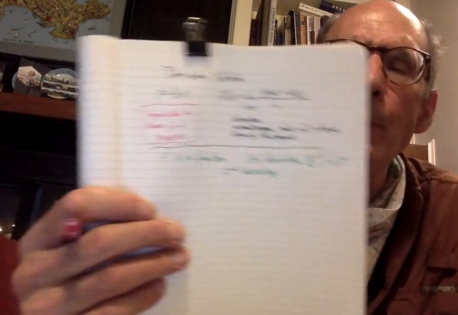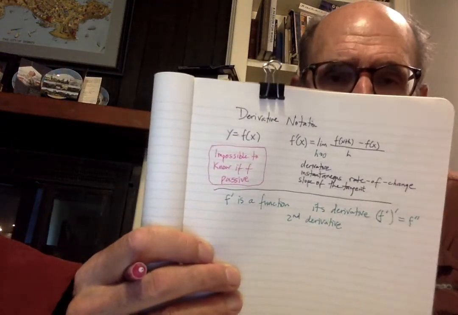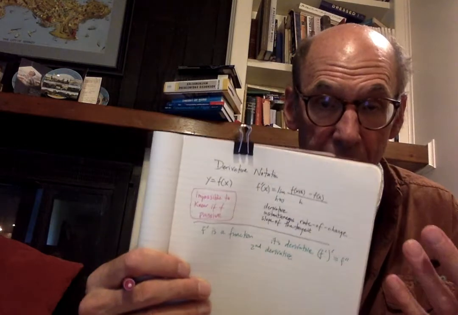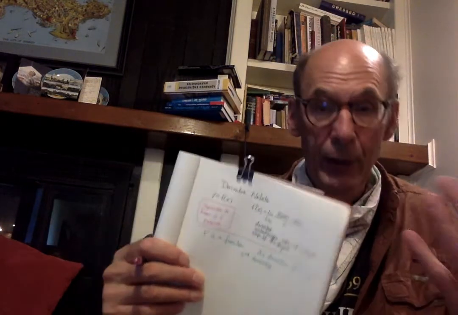Because what we can do a lot of times, even if the function is passive, lab data or something that's passive, we might be able to get someplace with properties of the derivative, and as we go through the course, we'll find ways to use those properties. This is a big deal. Use those properties to find out what the function is. So that's the prime notation. It's got strengths and weaknesses. I find I use whatever is most convenient at the moment.